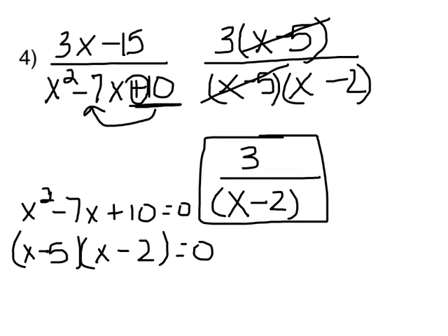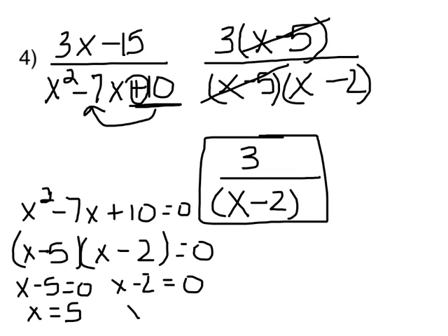Now we'll be solving. If we set x minus 5 equal to 0, and we add 5 to both sides, we'd have x equals 5. If we set x minus 2 equal to 0, and we add 2 to both sides, we'd have x equals 2.